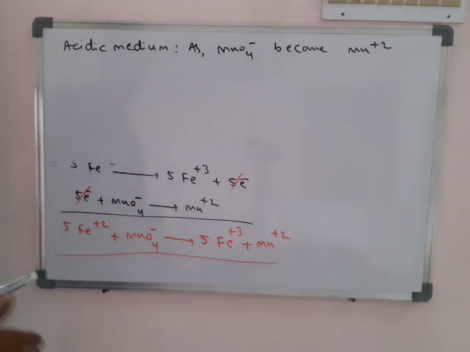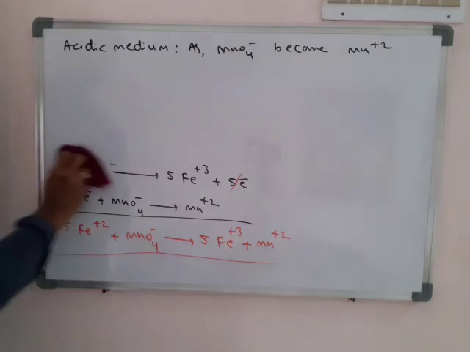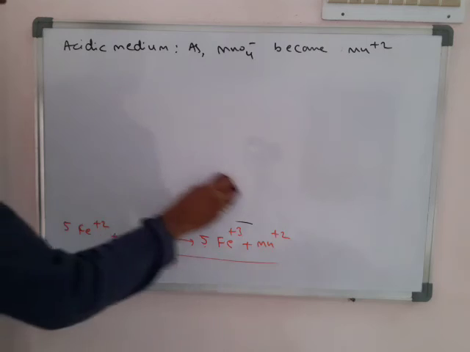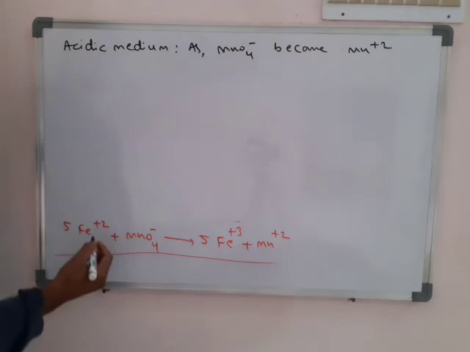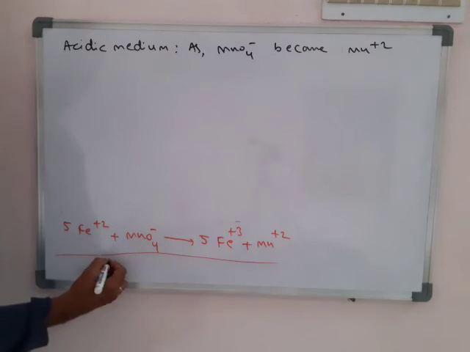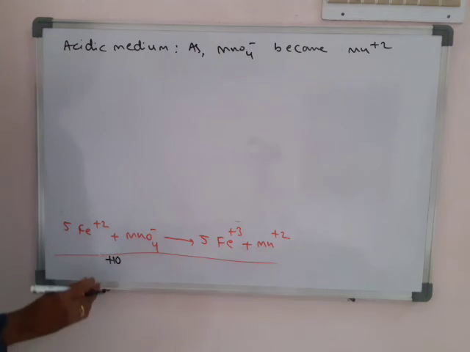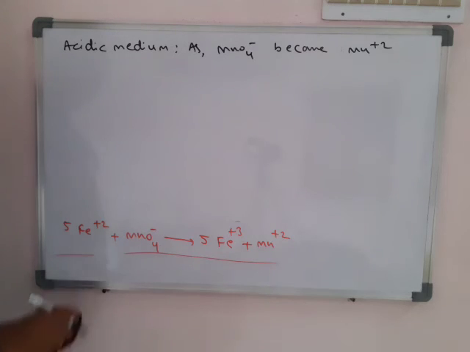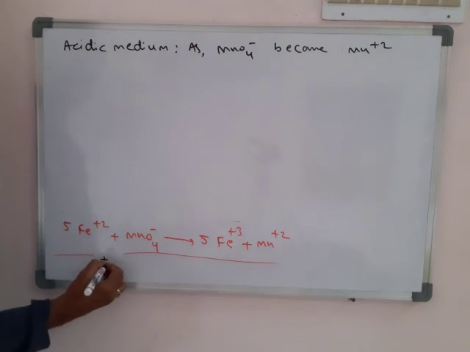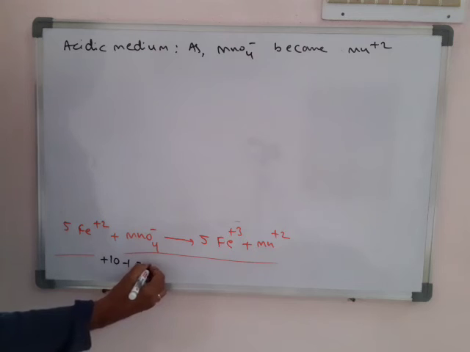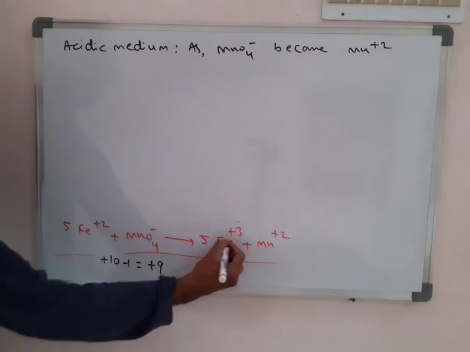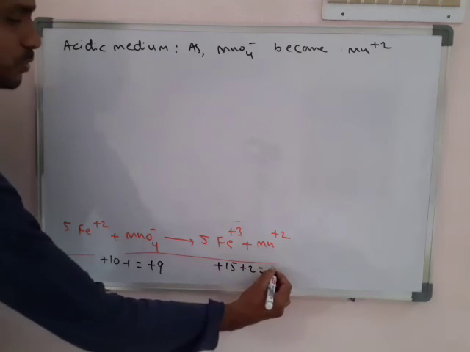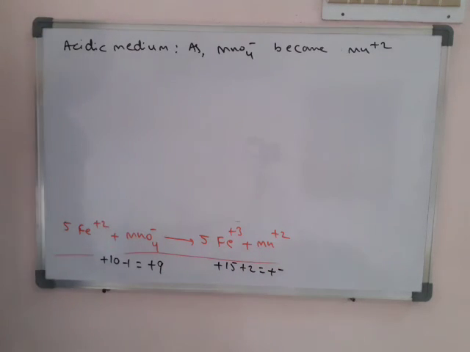In acid medium, to balance the charge we need to add the proper number of H plus ions where the charge is less. What is the left side charge? Plus 10, and MnO4 minus is minus 1, so the charge is plus 9. Right side: plus 3 times 5 is plus 15, plus 2 gives plus 17 charge.